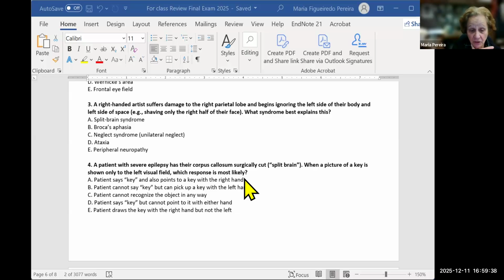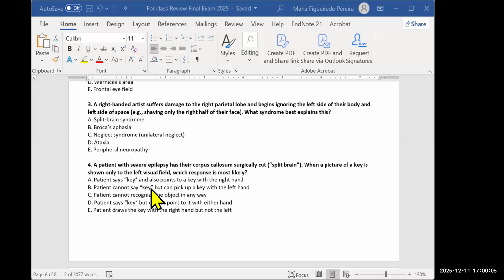So the patient cannot talk, but can move the hand. The patient cannot say key, but can pick up a key, right? This again shows the crossover of the optic nerves. So B is the correct one.